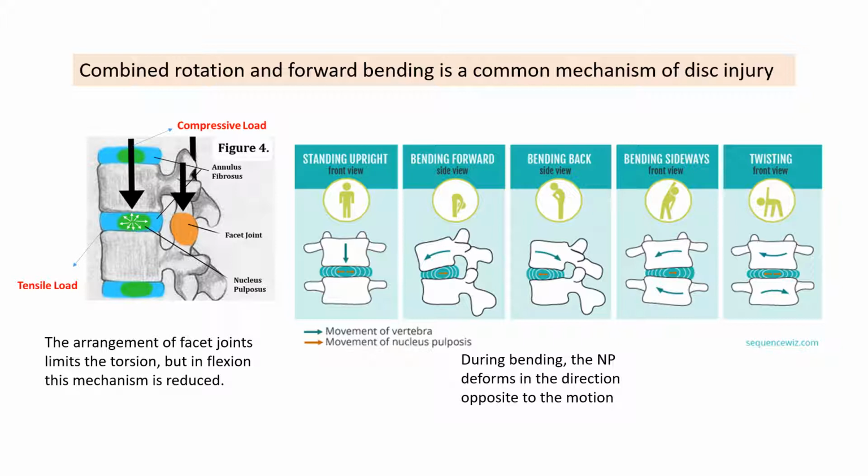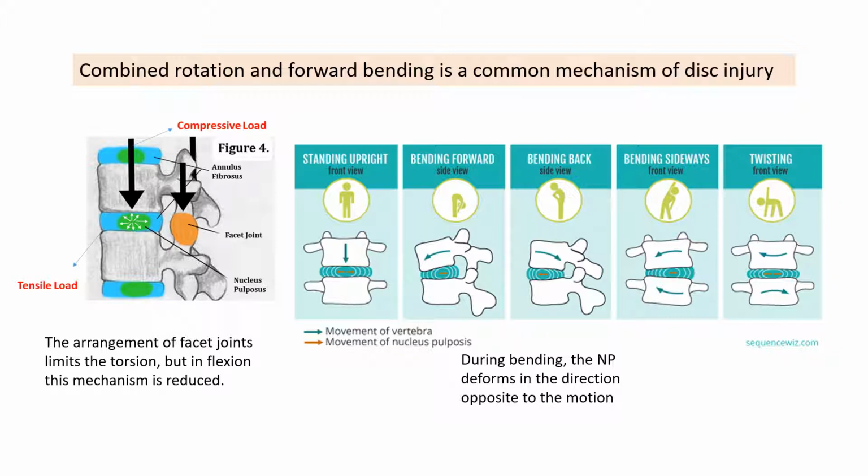You can understand that we have a limitation of movement by the facet joints in the back of the spine, and especially during a standing position, these facet joints limit the torsion movement of the spine.